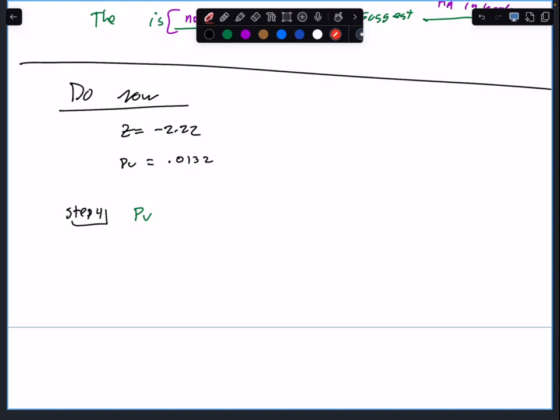It is less than 0.05. So what are we going to do? We have two options. We reject or we fail to reject. Did we find evidence? Is that unusually low? Yes, we will reject the null hypothesis.